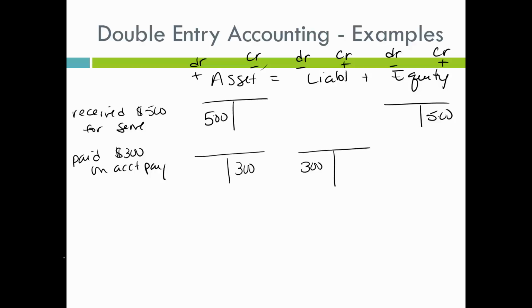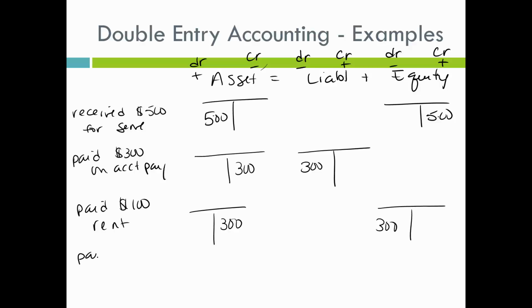Just one more. Let's say I paid $100 rent. As soon as I see paid, I know that's cash, that's an asset, and it's going down. So that's going to be my credit. And then I should have a debit. An expense subtracts from owner's equity, so that should be a debit. Let's do one more.